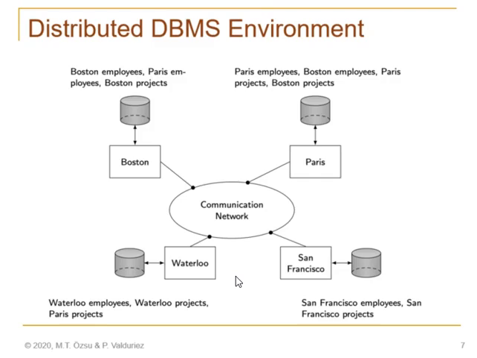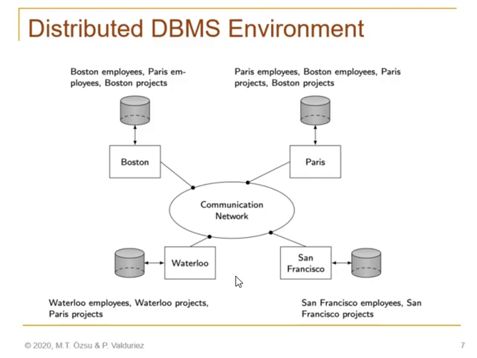You can see in Boston, it says in the picture that they keep a record of Boston employees, Paris employees, and Boston projects. And in Paris, they have Paris employees. Also, there must be a section of Boston employees, because you see that there are Boston employees in Paris in the database.